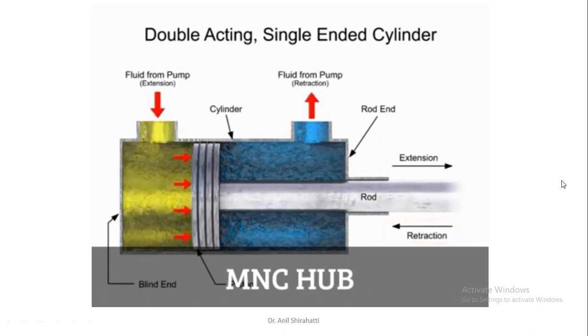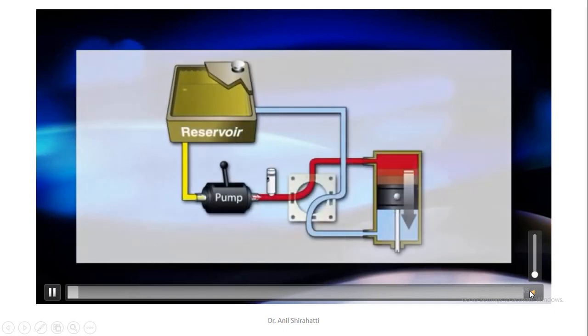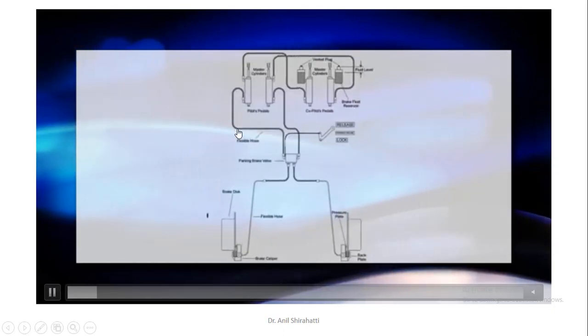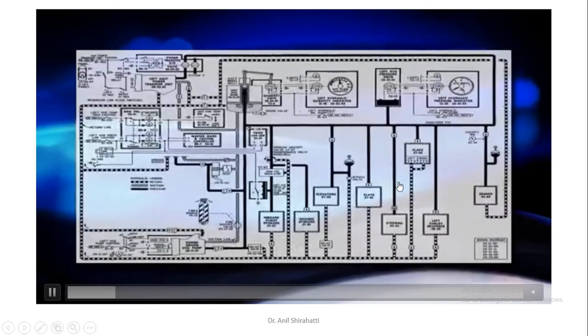Now let's see one of the important applications of the hydraulic cylinder. This is the application of a hydraulic cylinder in aeroplanes. This is a simple example of a hydraulic cylinder. It consists of a reservoir. This is a hydraulic picture of a cylinder for big aeroplanes.